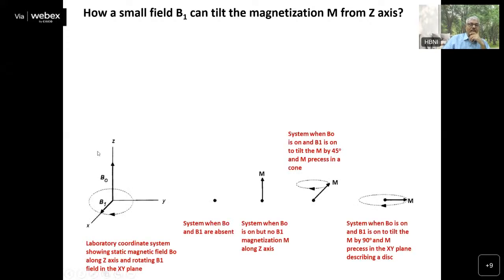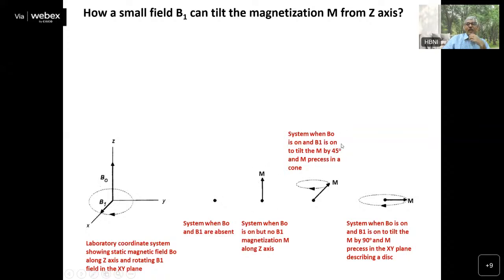So this is your magnetic field B0 along the z-axis, and now you will be putting the B1 magnetic field along the x-axis. When both B0 and B1 are absent, there is no net magnetization. But as soon as you put B0 on, there is a development of the z component magnetization, and you get the equilibrium magnetization after a certain time. That is called M.